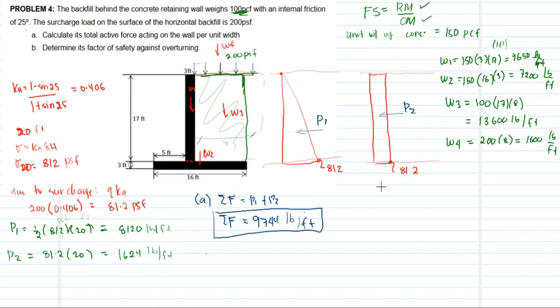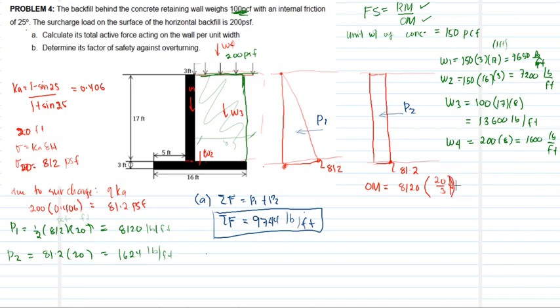So, for the overturning moment, ang magiging factor natin dito is the forces due to pressure. So, pag nag-moment tayo sa base, makukuha natin yung overturning moment. Meron tayong P1 and P2, moment tayo sa base. So, P1, that is equal to 8,120 multiplied by the distance, that is equal to 20 over 3.